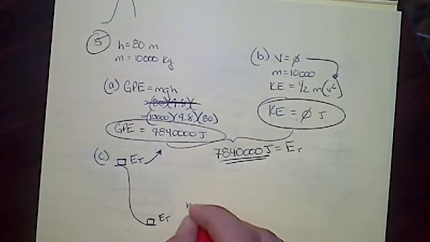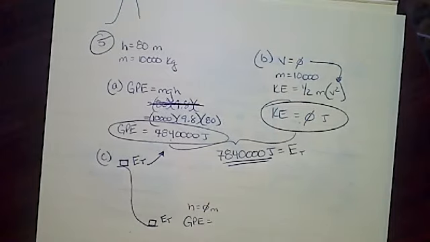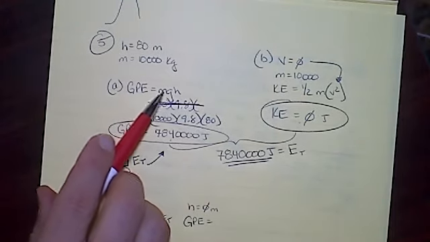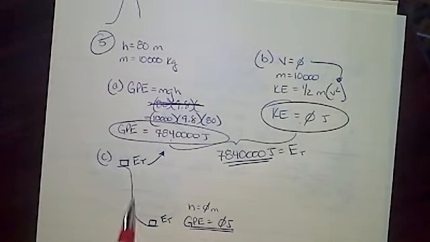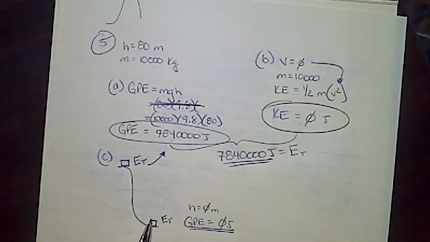At the bottom, if H is 0, what can you tell me about the GPE? Remember the equation. That's also 0. Very good, guys. Which means all of this energy that was originally GPE has been transformed into KE.